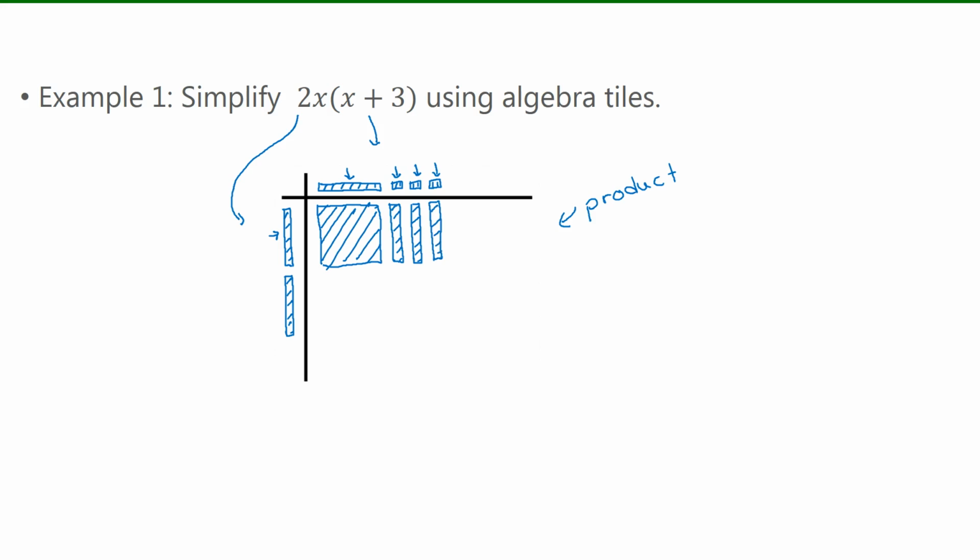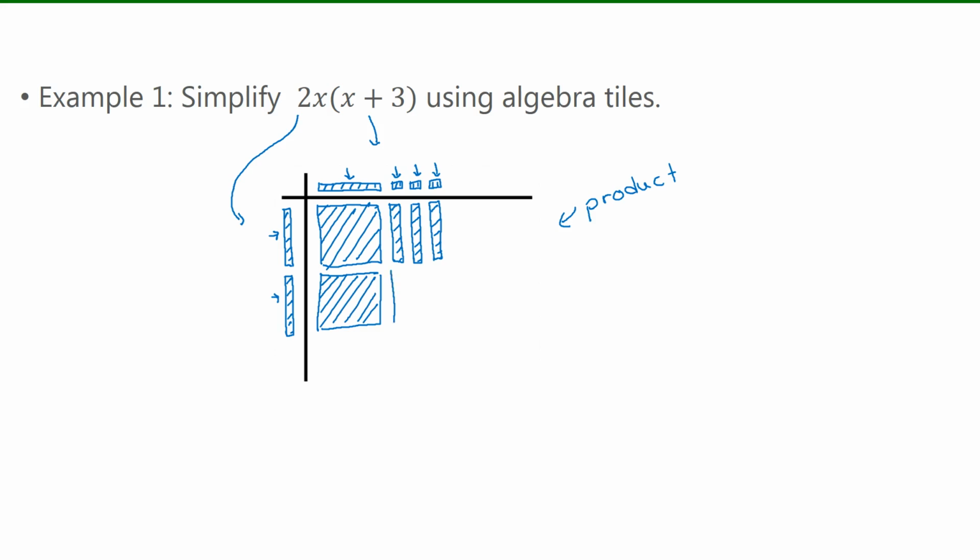Now I'll multiply the x tile down below with each tile up top. So below the x squared tile, I'm going to have a tile that's this long and this wide, which again is an x squared tile that's positive. And all the tiles will be positive here since the numbers are all positive.